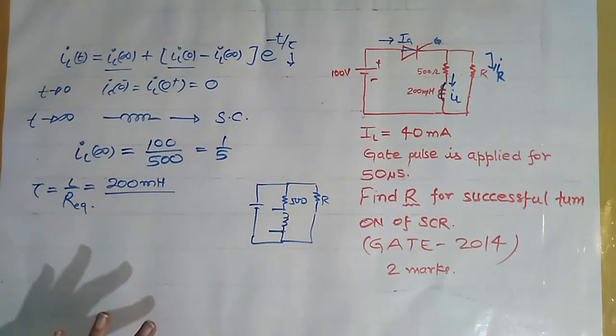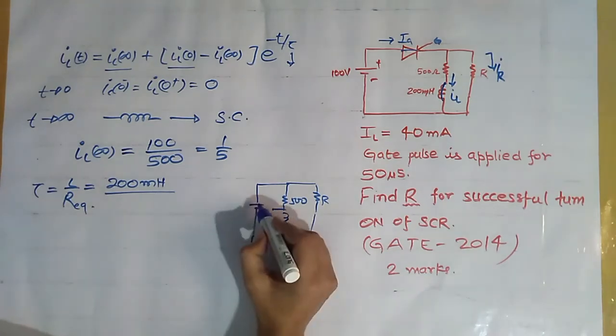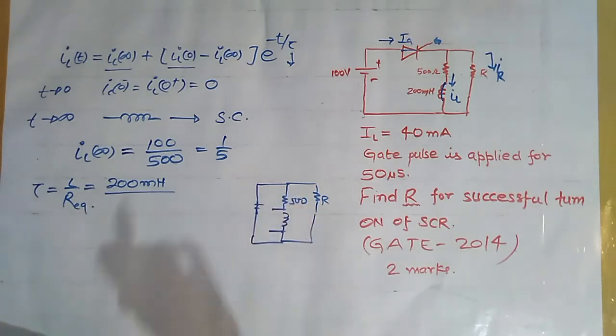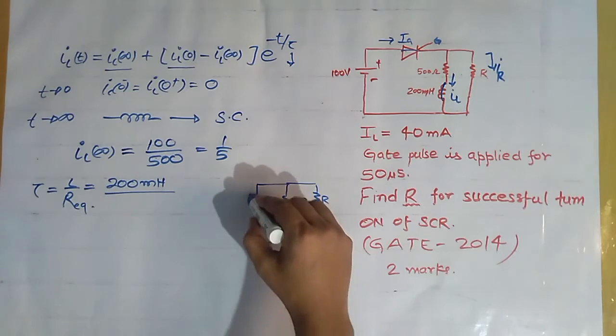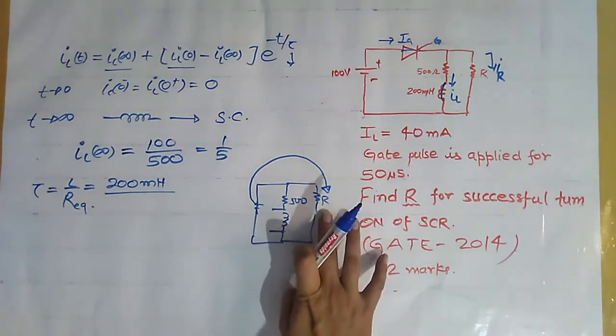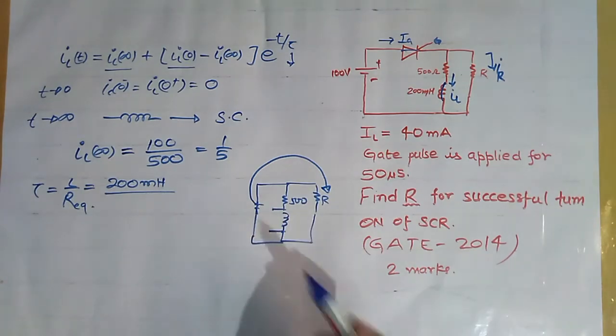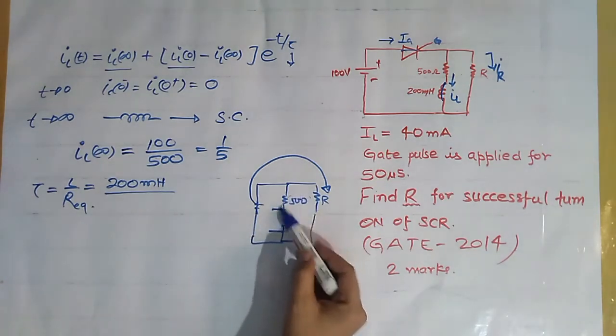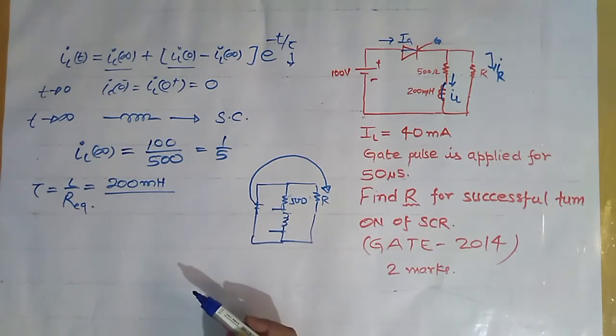To find the equivalent resistance, we short the voltage sources in the circuit. On shorting this voltage source, this resistor gets bypassed because it has a shorted branch in parallel. So what is Req? It is simply equal to 500.